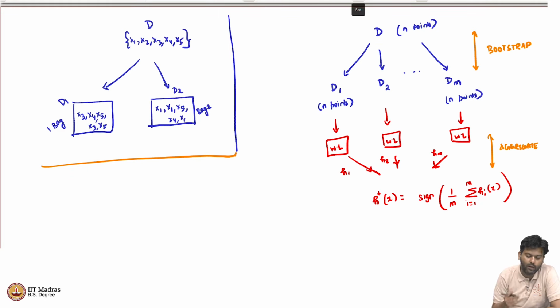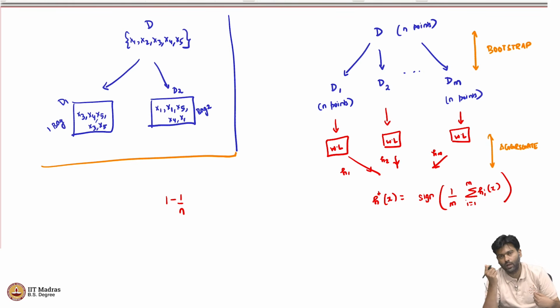Well, I am creating the first point in D1 by picking one point from D uniformly at random. Now, what is the chance that that point does not appear in D1? Well, that chance is 1 minus 1 over n, because with 1 over n chance that point would have appeared in D1. Why? Because it's uniformly at random. If there are 5 points, there is a 1/5 chance that each point appears in my bag when I pull one data point the first time.